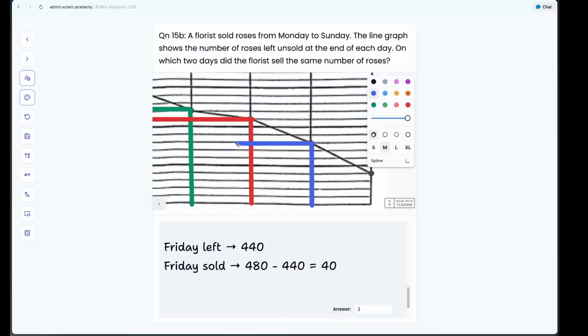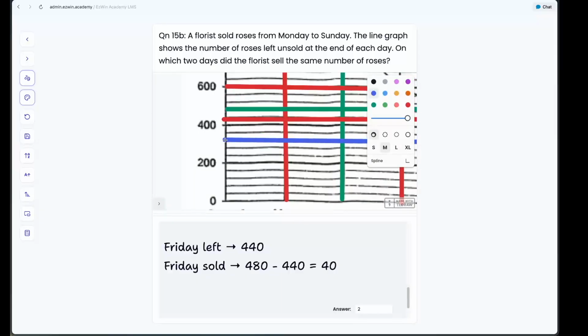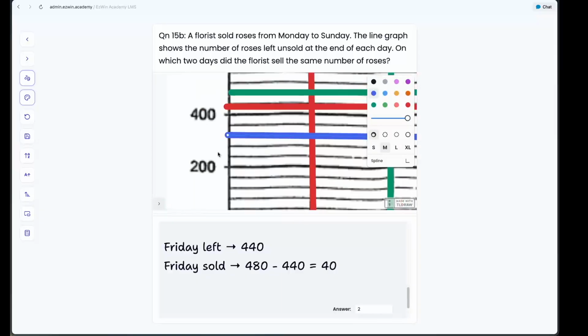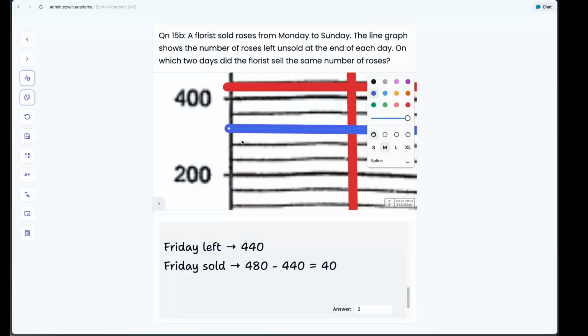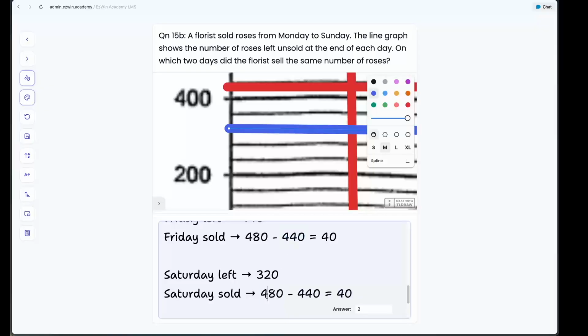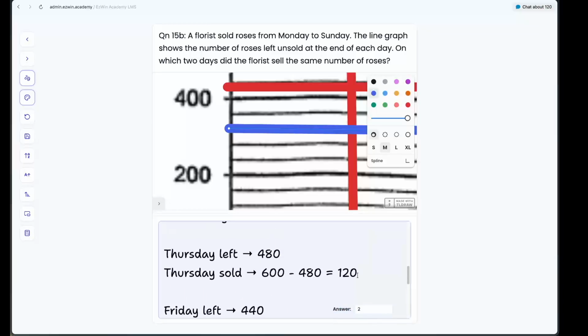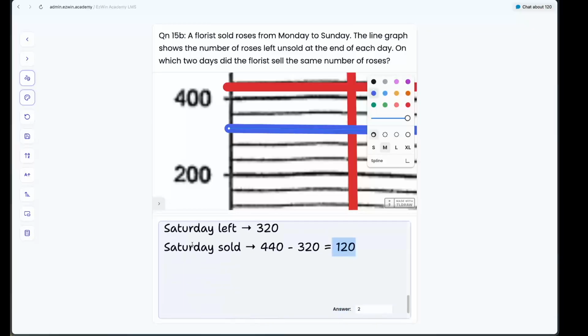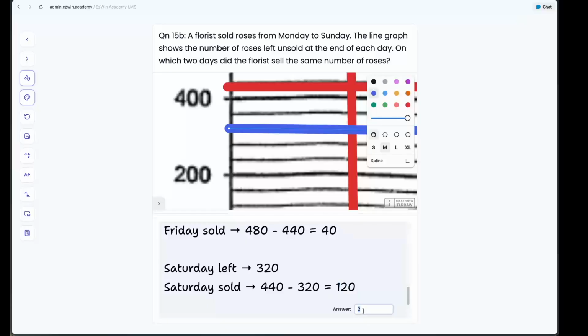If we go all the way here, it is 200 and 3 gaps, so 320. Saturday left is 320. Saturday sold is 440 minus 320, and this will give us 120. Is 120 the same as any other day? Yes, Thursday. So Saturday and Thursday are the same.